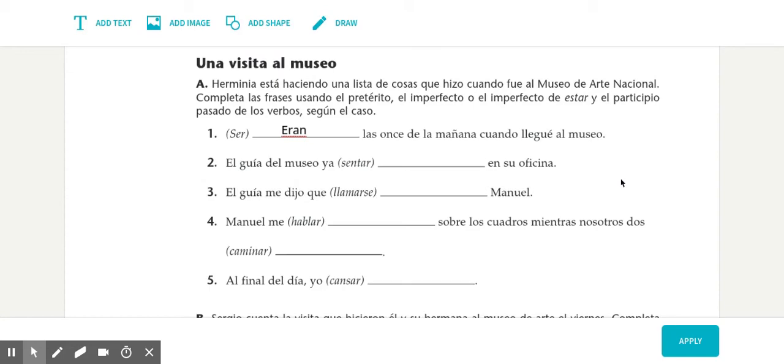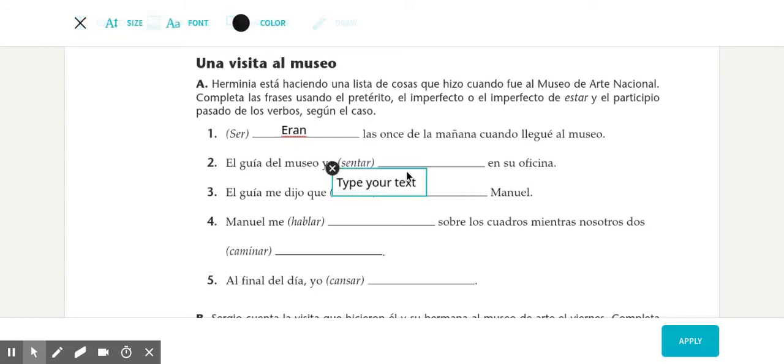Well, número 2, el guía del museo ya, and then en su oficina. So this kind of goes together, right? She's making a list here, so it goes in order. It was 11 o'clock when I arrived at the museum, and the museum guide was already sitting down in his office, right? So we want the imperfect of estar with the past participle.